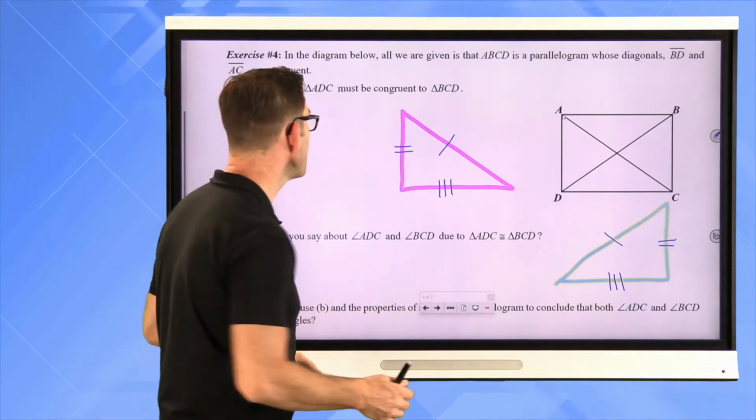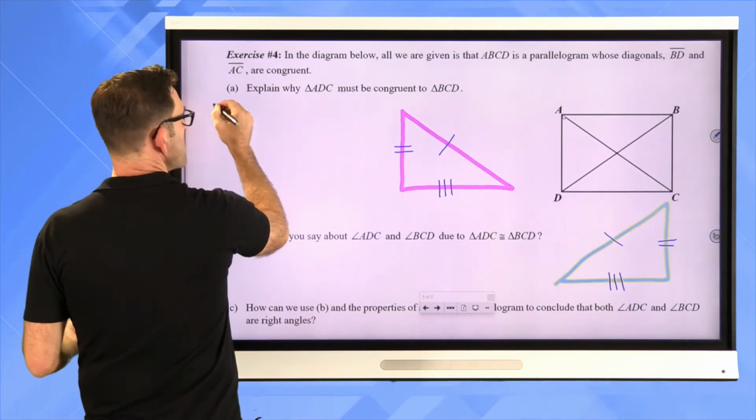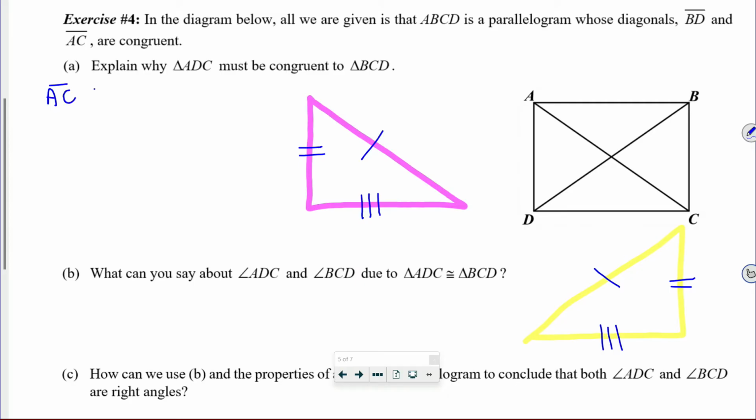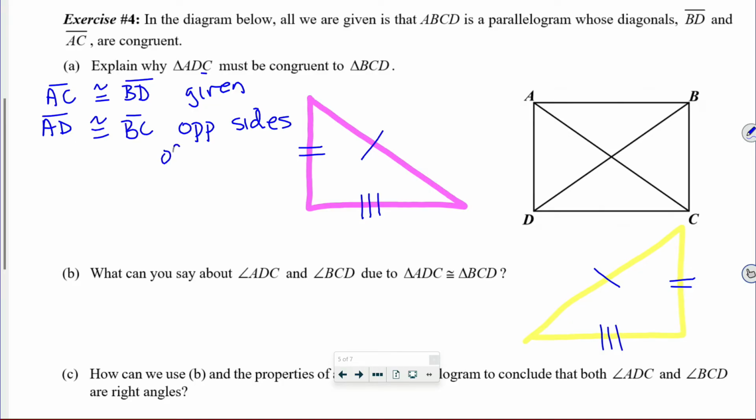Right? So let's get that down, right? It's kind of like almost a mini proof here, right? AC is congruent to BD, and that's really kind of given to us, right? Then we know that AD is congruent to BC, and that's because opposite sides of a parallelogram are congruent, and finally, CD is congruent to itself, and that's the reflexive property.